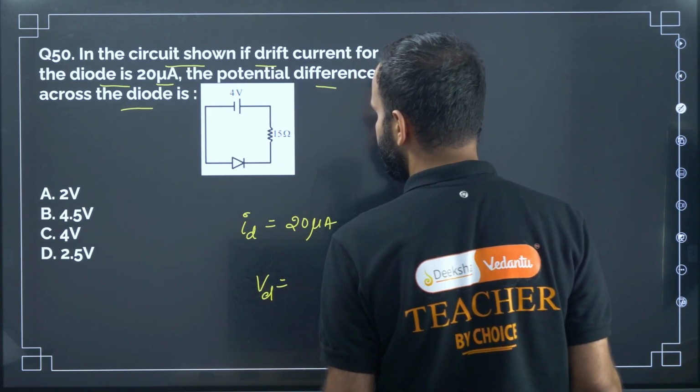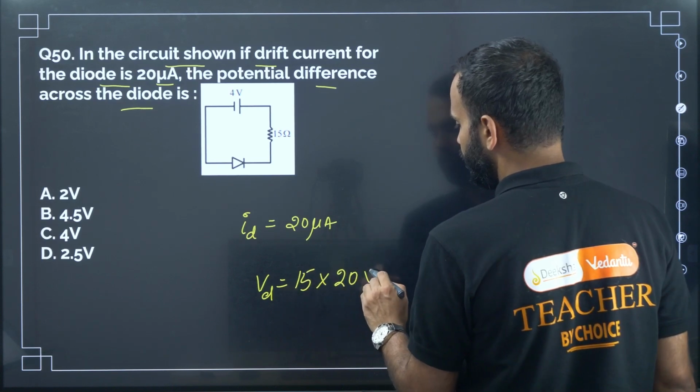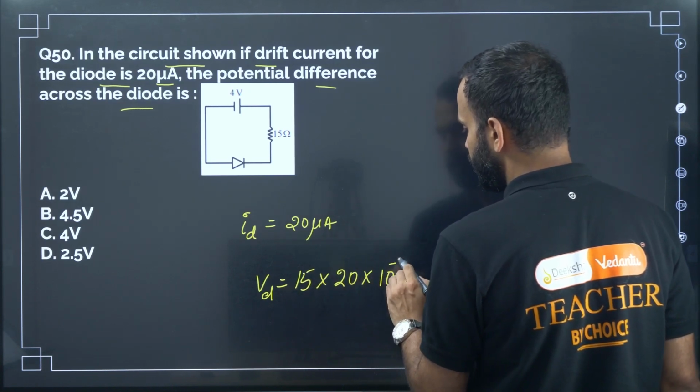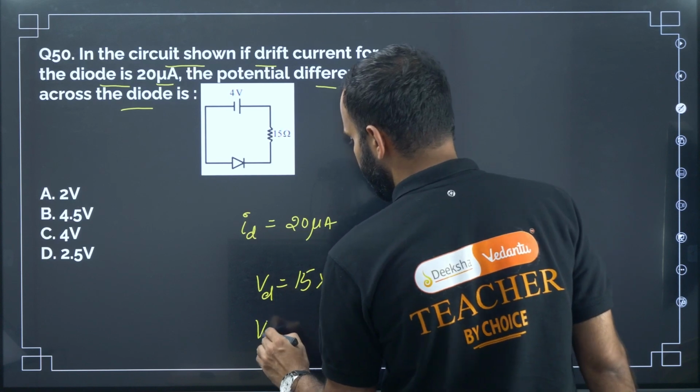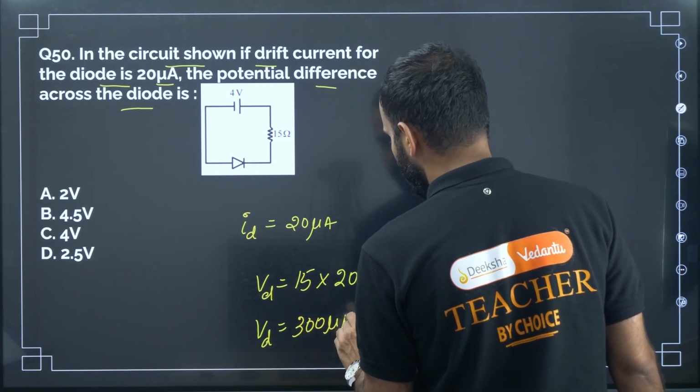Vd, right? Vd is equal to 15 ohm into 20 microampere, that is 10 to the power minus 6 ampere. So now Vd is equal to 300 microvolt.